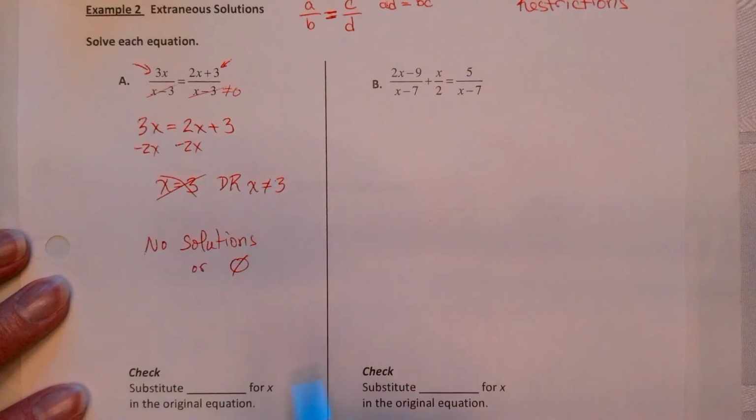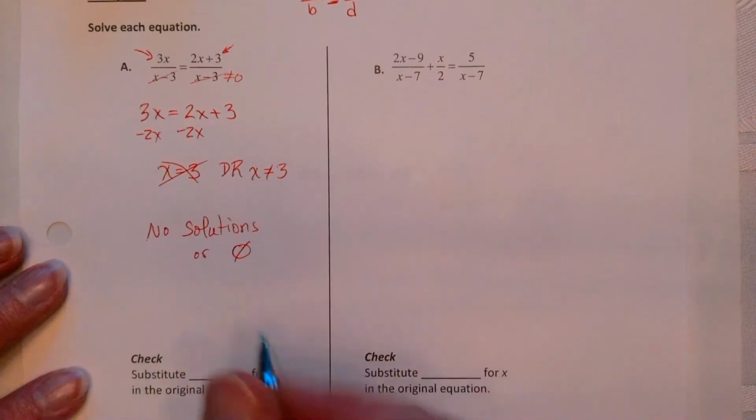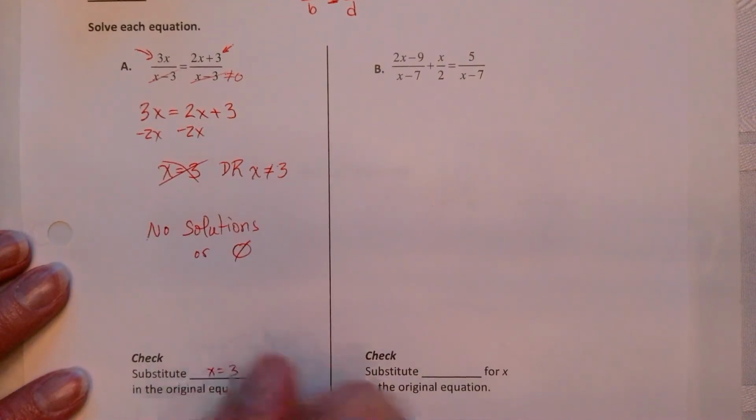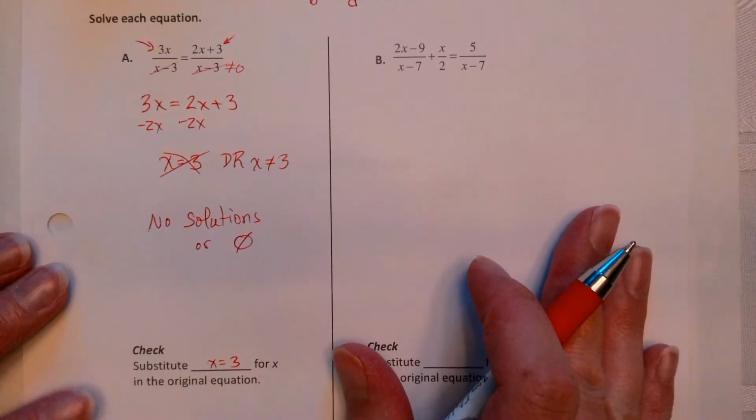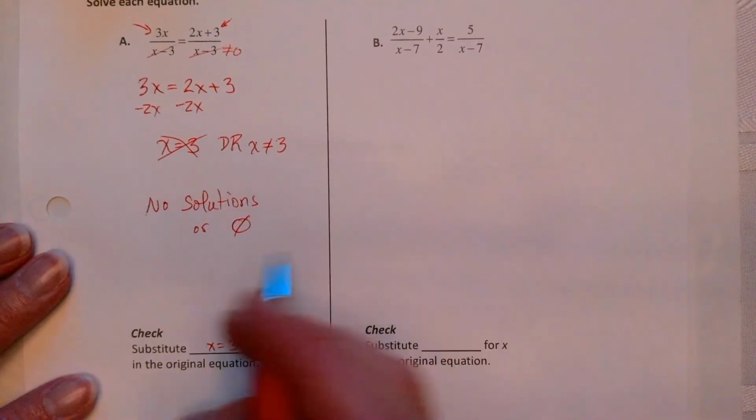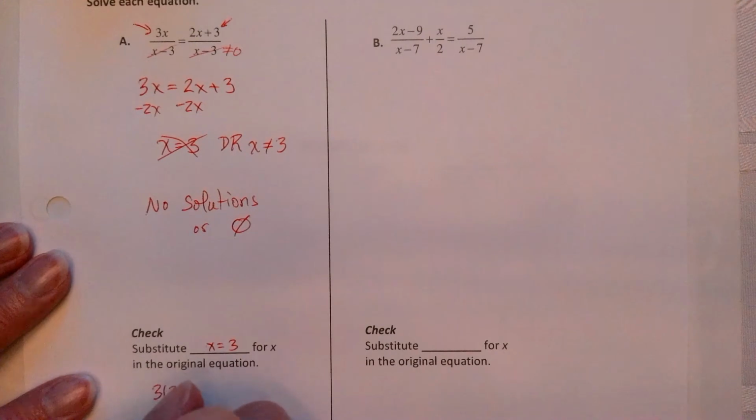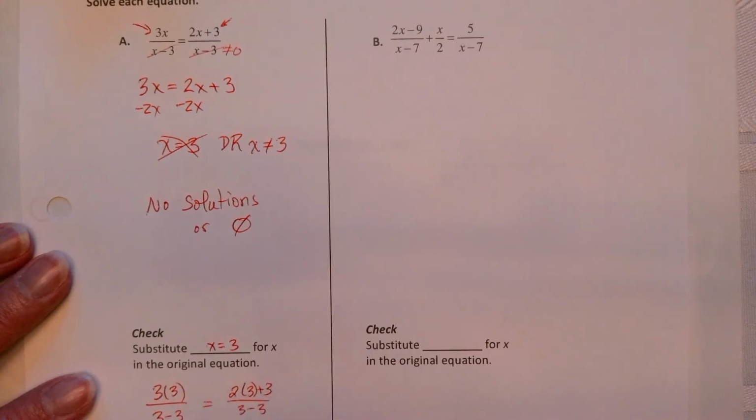All right, how do I check it? To check it, substitute x equals 3 into the original equation. And let's watch what happens here. I substitute in 3 times 3 in the top, that's fine. That's the issue: 2 times 3 plus 3 over 3 minus 3. So you can look, in the top I have 9 over 0 equals, that'd be 6 plus 3, 9 over 0.